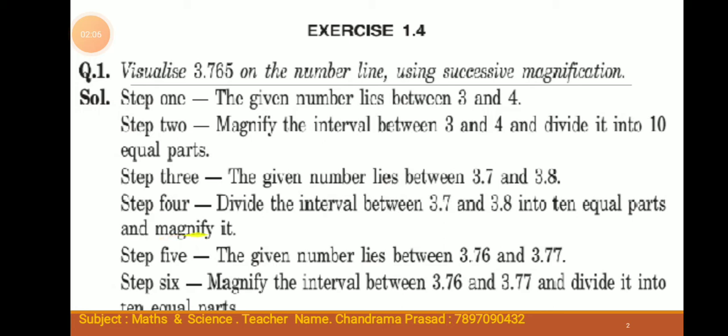Step 4. Divide the interval between 3.7 and 3.8 into 10 equal parts and magnify it. Step 5. The given number lies between 3.76 and 3.77 because the given number is more than 3.76 but less than 3.77.